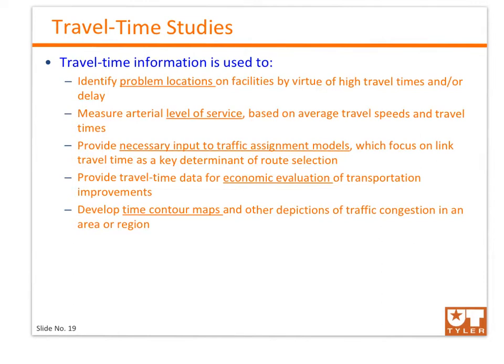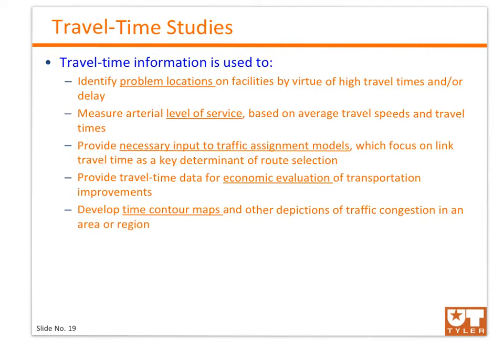We also do a travel time study to measure arterial level of service based on average travel speeds and travel times. Travel time is considered a performance measure to identify the level of service for those arterial roads. We also do travel time studies to provide necessary input to traffic assignment models, which focus on link travel time as a key determinant of route selection.